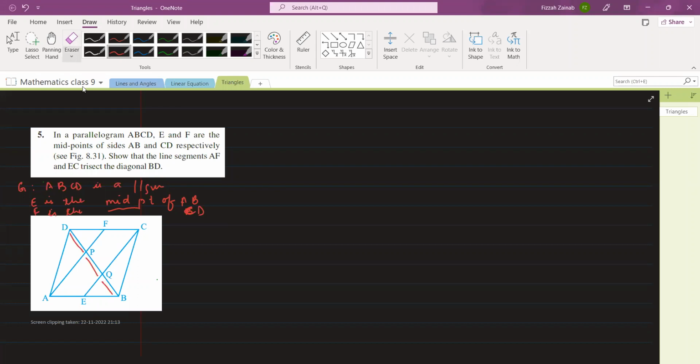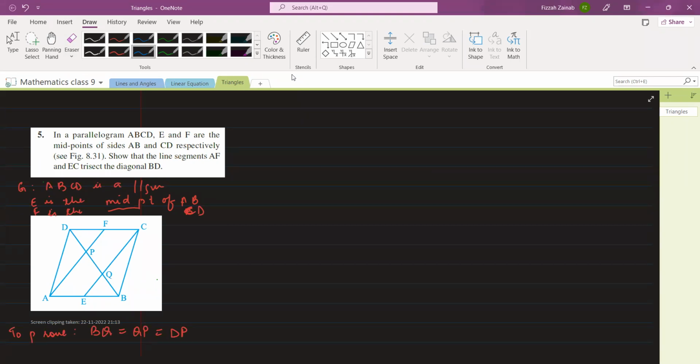It can come in an exam and is not very difficult. So you have to show basically that DP is equal to PQ is equal to QB. Understand? So one by one, let us take it.